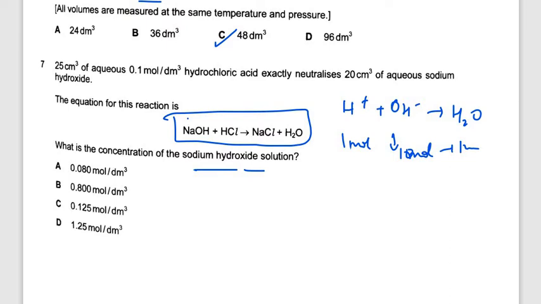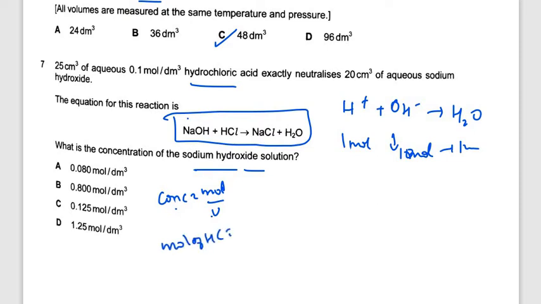So if you look here, what is the mole of hydrochloric acid? You know that concentration is mole divided by volume, so mole is concentration multiplied by volume. So mole of HCl will be how much?